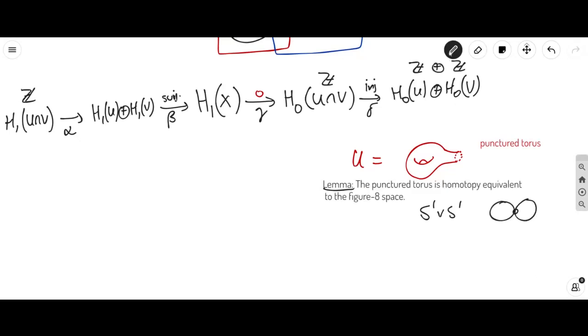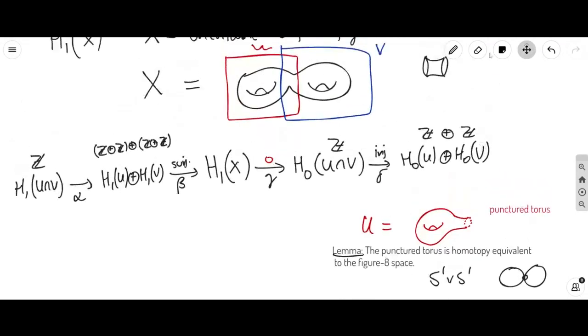So that would mean that the homology of U is isomorphic to two copies of Z, right? Every circle gives you its own homology class, so you have two generators. So this one is going to be Z plus Z. And then the other one is also going to be Z plus Z for the exact same reason. V is just another, almost identical copy of U just on the other side.